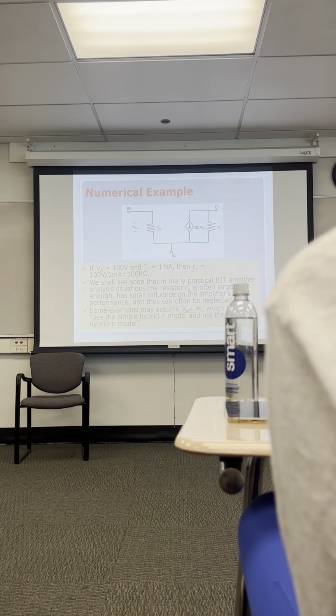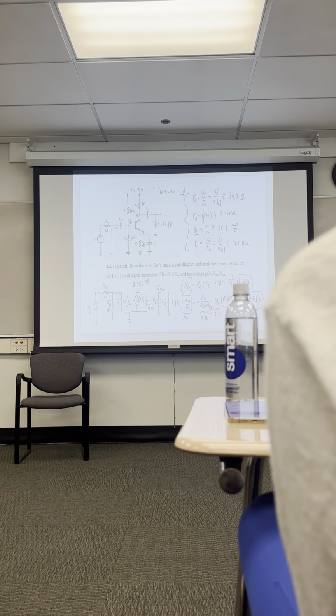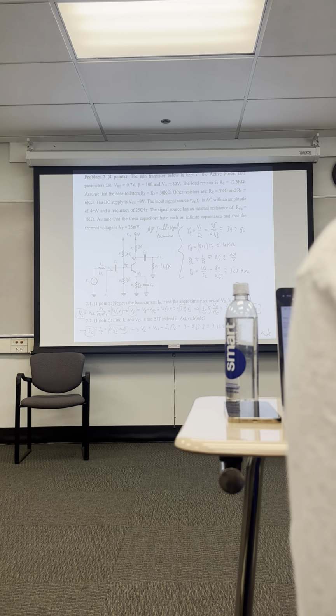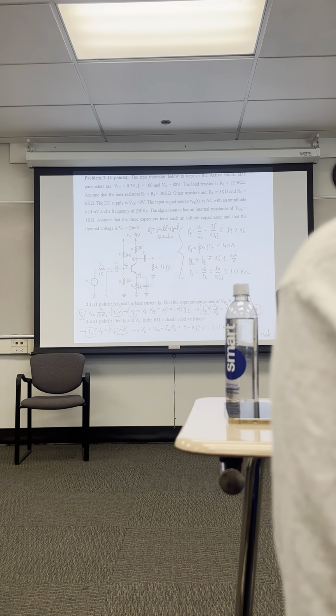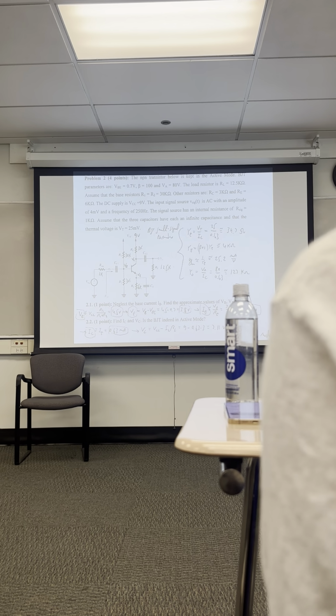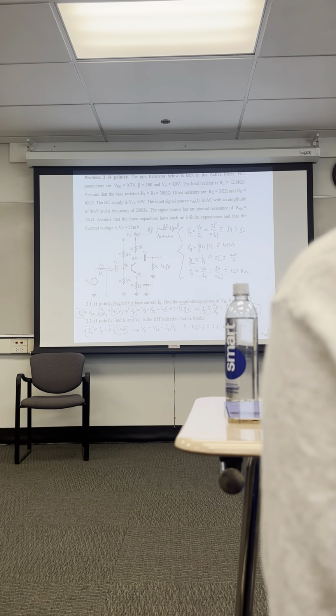And that's basically the material we cover for small signal. The rest of this is a common emitter amplifier, NPN, given here. It appears that all the resistors have been designed. There's a load of 12K.